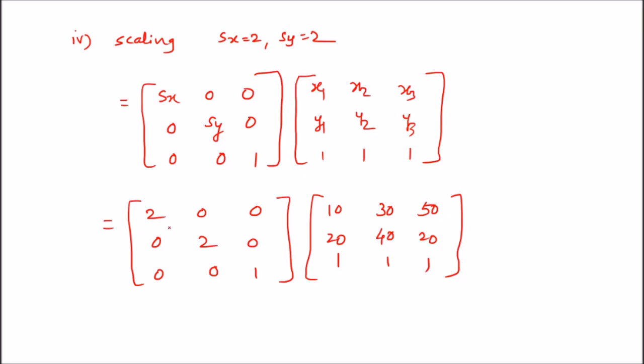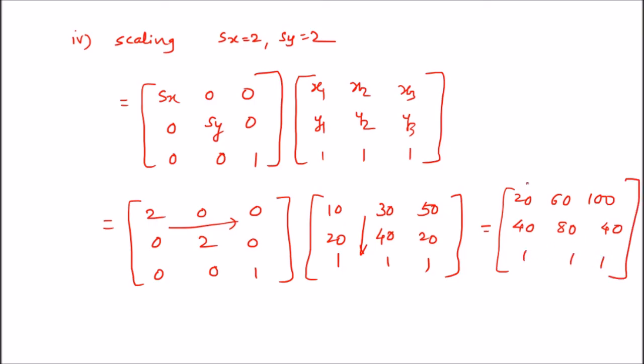Do the multiplication. 2 into 10 is 20, 2 into 30 is 60, 2 into 50 is 100, then 2 into 20 is 40, 80 and 40, and 1 1 1. So this is the answer: 20 40, 60 80, 100 40. So after scaling, you are getting this answer.